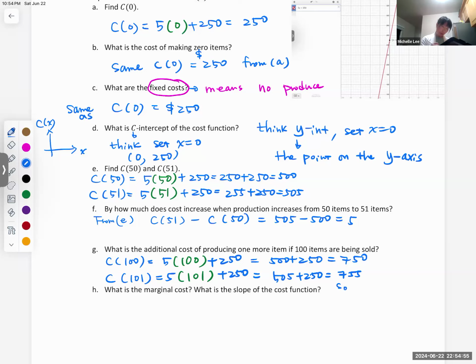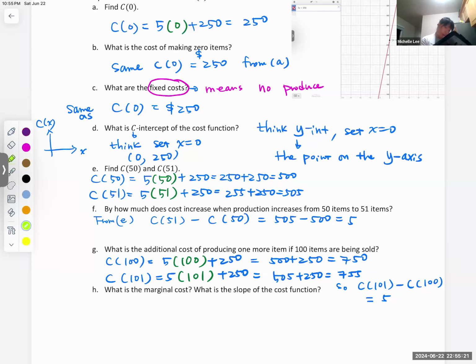So C of 101 minus C of 100 equal to 5, right? Okay, now what is the marginal cost? So we knew that marginal cost is the slope of the cost function, right? So they are the same.